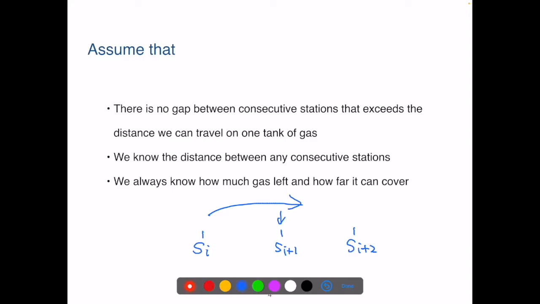Otherwise, we keep going and we check whether or not we have to stop. So that'll depend on whether or not we can make it to the next station S_{i+3}. We see that we can restart this process whenever we stop and fill up the gas. So this idea can be easily realized using a recursive algorithm.